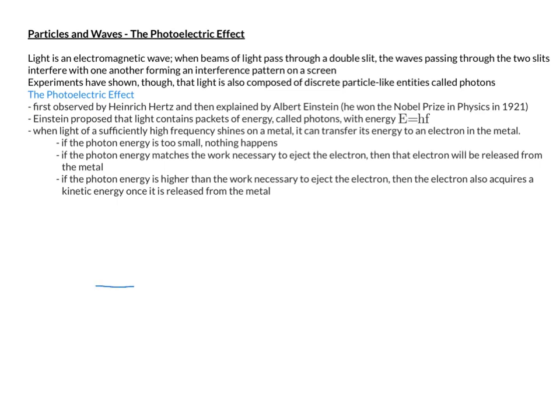So here is a little drawing of this. Let's say that we have a photon, and the photon is always symbolized as a squiggly line, and gamma stands for photon. So this is the photon striking a metal surface, and there is an electron in here that is bound to the metal by something that we call a work function, W naught.